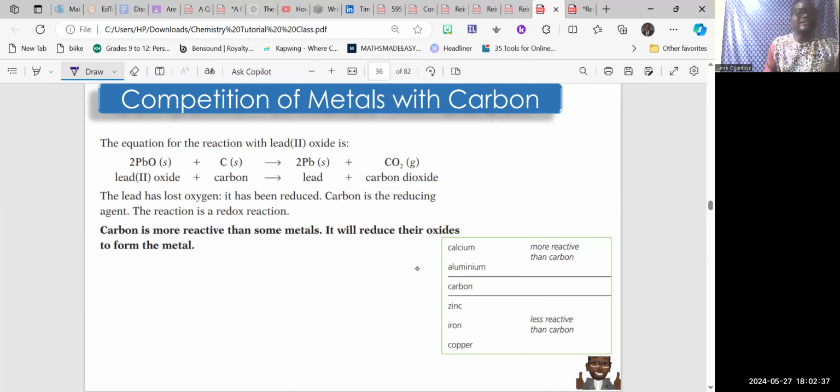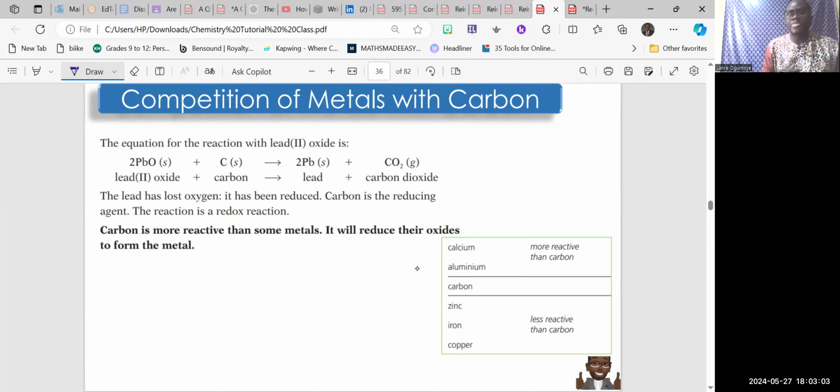If you look at this example here, this is a competition between a metal and carbon. Of course, you remember that carbon is higher in reactivity than some metals, right? So if a metal is below carbon in the reactivity series, carbon can displace that metal. So we use this opportunity of carbon to extract some metals.